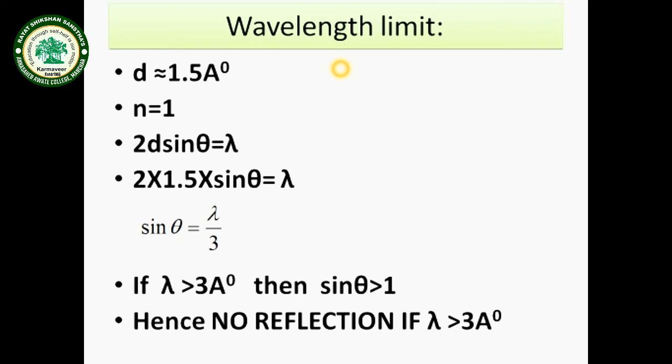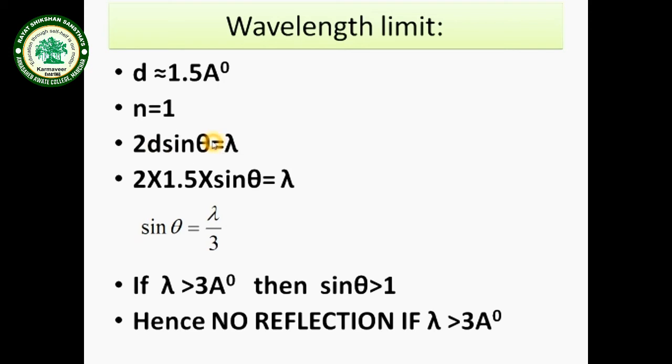For a typical interplanar distance, we have taken d as 1.5 angstrom. For first order diffraction, we consider n to be 1. And Bragg's diffraction condition will be modified if we substitute the values of d and n in this equation.